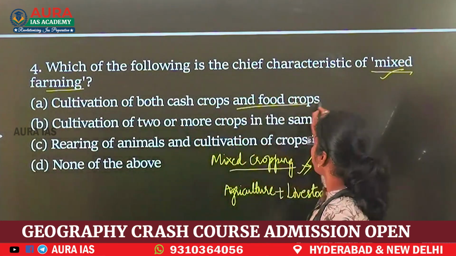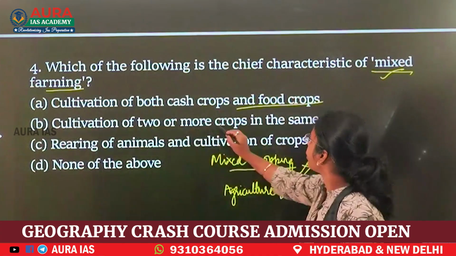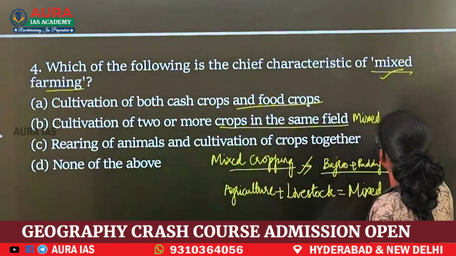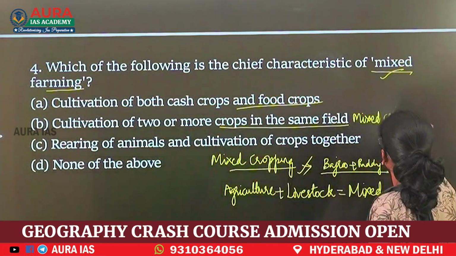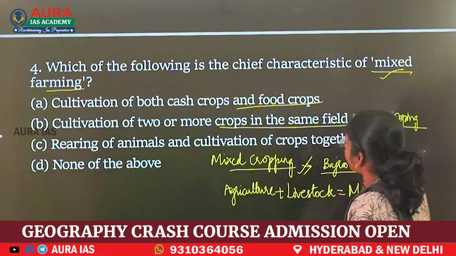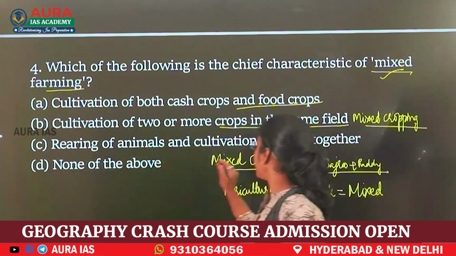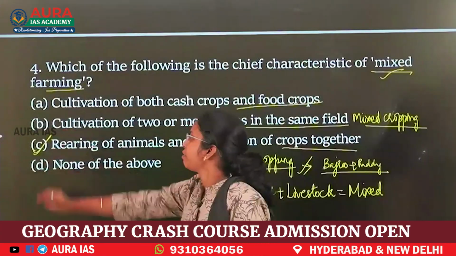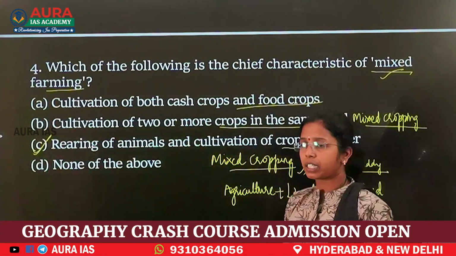Cultivation of both cash crops and food crops. Cultivation of two or more crops in the same field. This is mixed cropping. Rearing of animals and cultivation of crops together. This is known as mixed farming. Now, what are the uses of mixed farming?